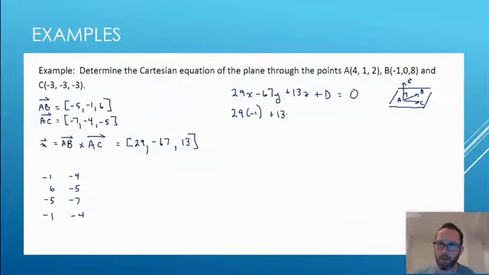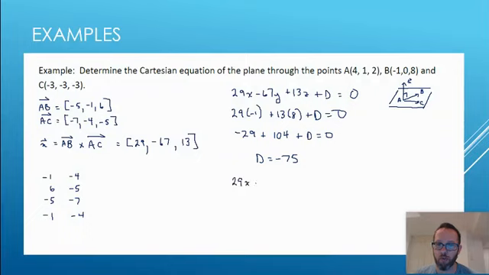Plus 13 times 8 plus d equals 0. -29. 13 times 8 is 104 plus d equals 0. So that's 75. D is equal to -75. And so our Cartesian equation... oh, excuse me, that should be -75.